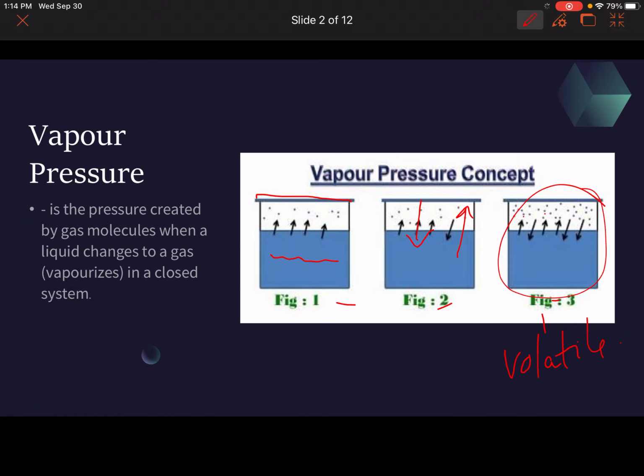So we've got lots of gas particles here, and this would have a high vapor pressure, as compared to this one here where we have fewer gas particles. So in terms of vapor pressure, figure number 3 would have the highest vapor pressure as compared to figure number 2. Let's not worry about figure number 1 there.